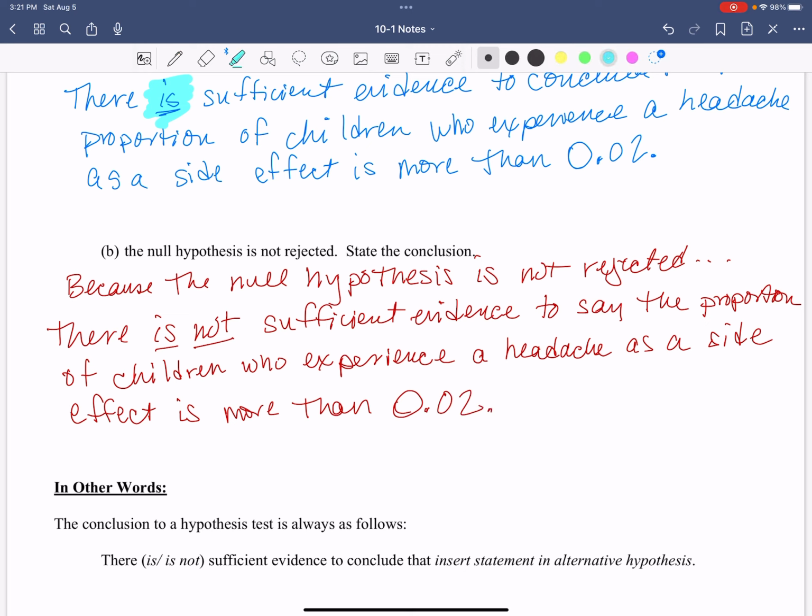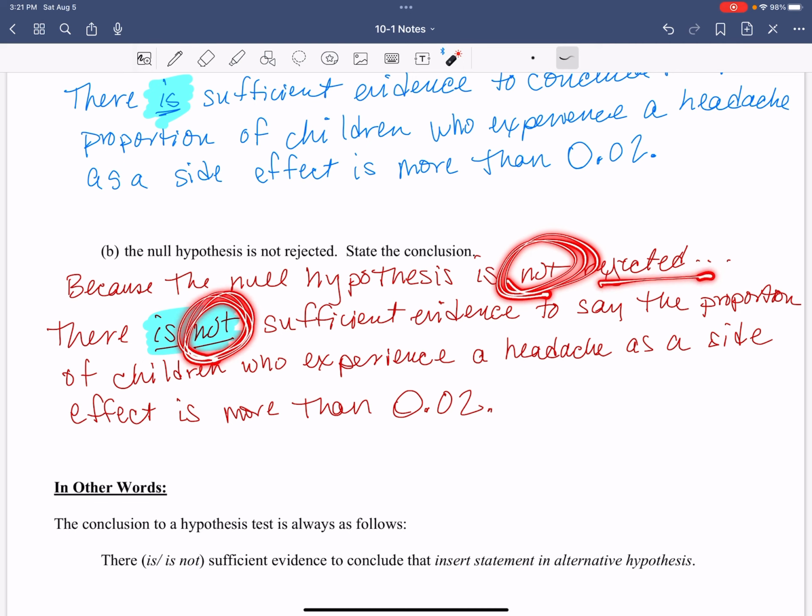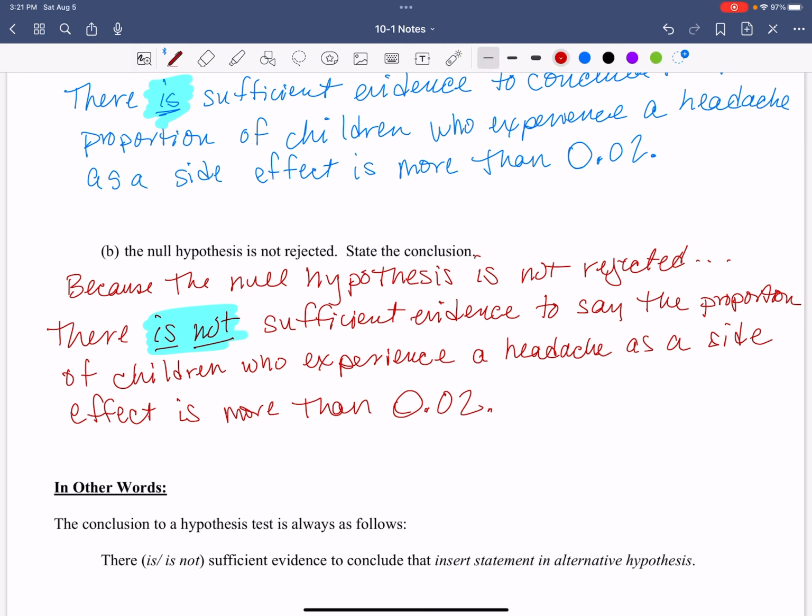Now I want to point something out to you. First of all, is not sufficient evidence. You do not reject, so there's not sufficient evidence. Do you see that? They both have the word not in it. There's not enough evidence, so I do not reject. That means you keep the status quo.